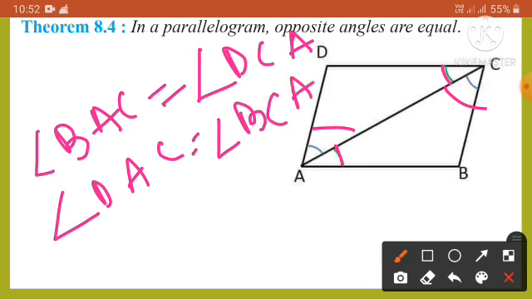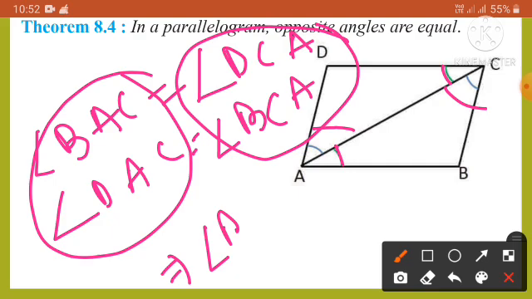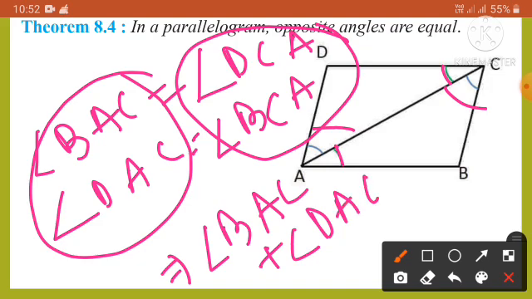If I add those equations, on the left side we get angle BAC plus angle DAC, and on the right side angle DCA plus angle BCA.